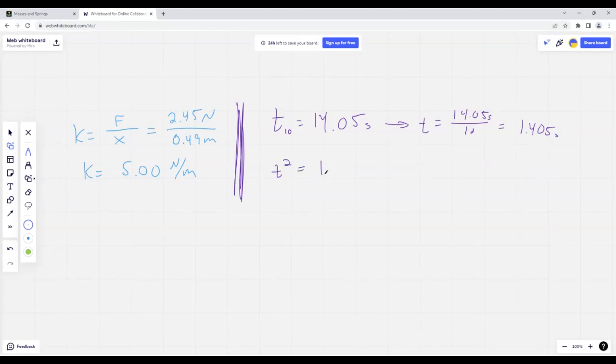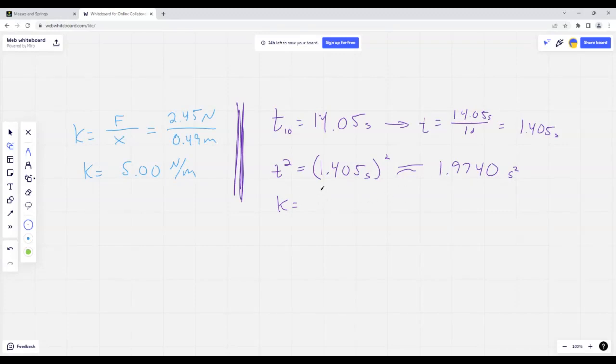So t squared is going to be the 1.405 seconds squared, which is roughly 1.9740 seconds squared. Then, like before, we can find a spring constant from this.